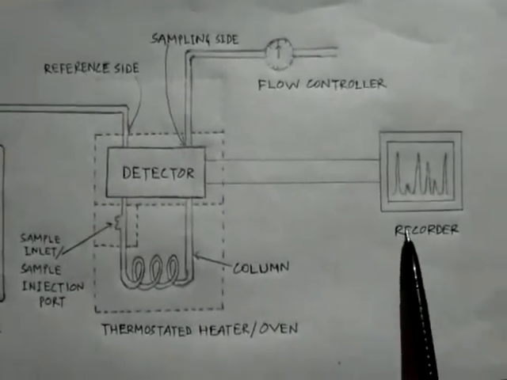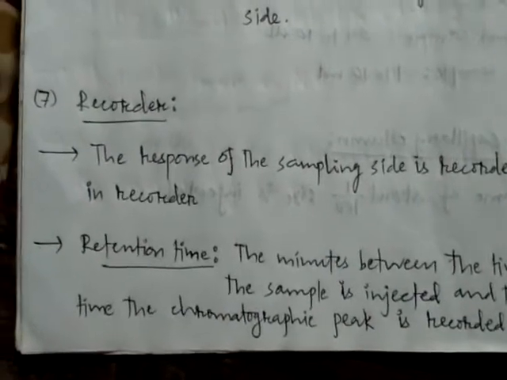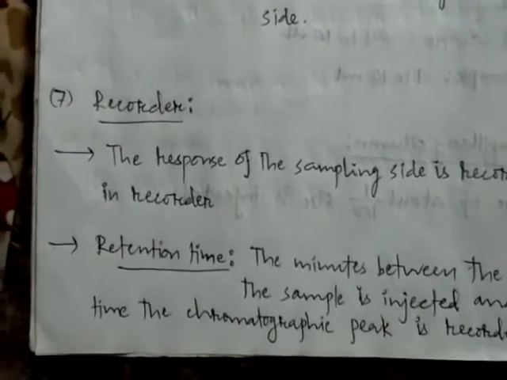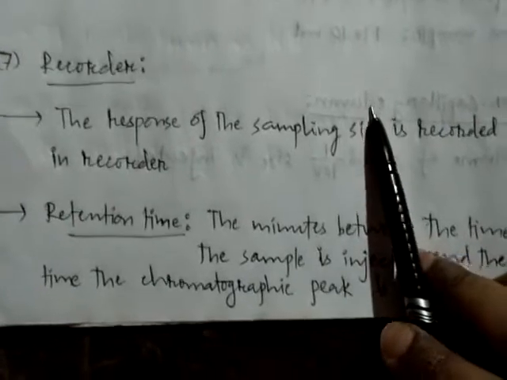Now let us look at the last component, that is the recorder. The response of the sampling side relative to the reference side signal is fed to a recording device where peaks are recorded as a function of time, that is retention time, and the recording device where the peaks are recorded is called the recorder.